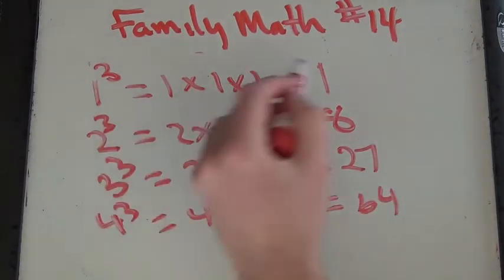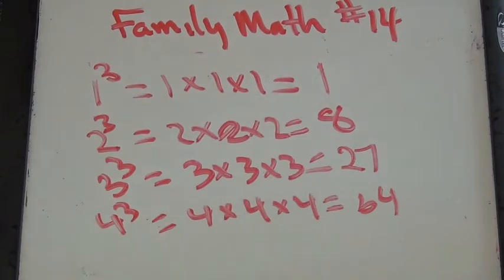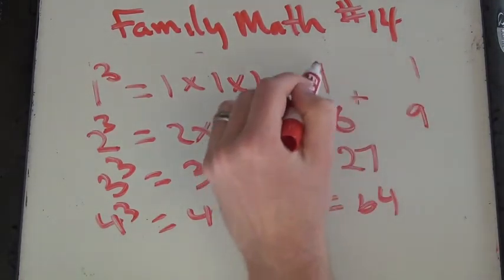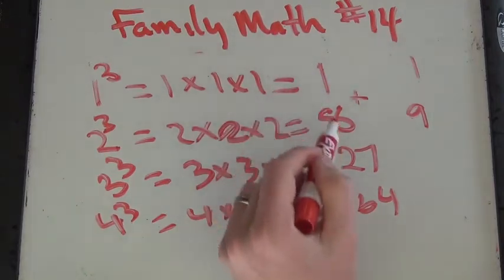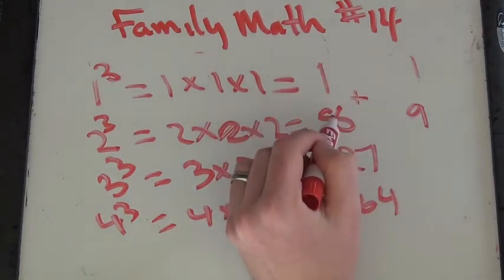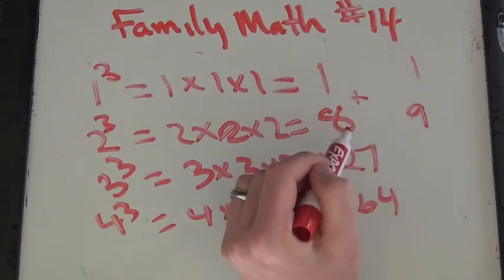Well, 1 cubed is 1. 1 cubed plus 2 cubed is 9. So I'm just going to sum them down the column here. 1 plus 8 is 9. What's 1 plus 8 plus 27? That's the same as 9 plus 27.